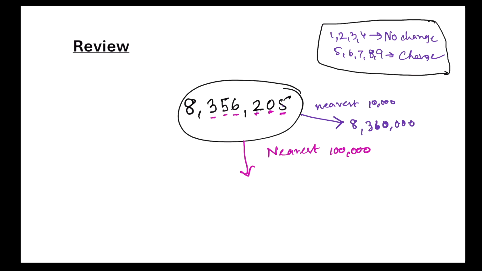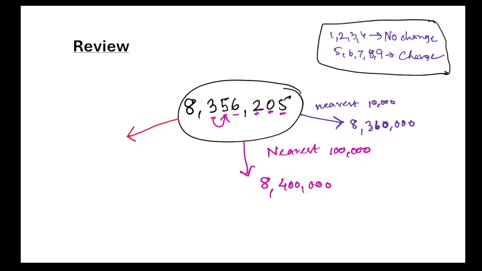So the 100,000 place digit is 3. Look at the previous digit, which is the 10,000 digit, 5. 5 means yes, there will be a change. So 8,356,205, if you round off to the nearest 100,000, will be 8,400,000.